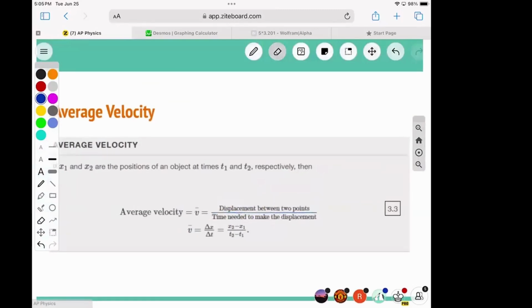Notice how people use a bar on top of v to indicate that this is not just any velocity, this is the average velocity over a period of time. It's defined by delta x, which is x2 minus x1, over delta t, which is t2 minus t1. Normally, we don't bother with delta t because it's rare that we care about what t1 or t2 is. Normally, t1 we assume to be 0.